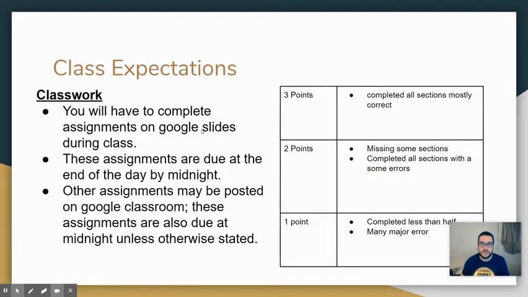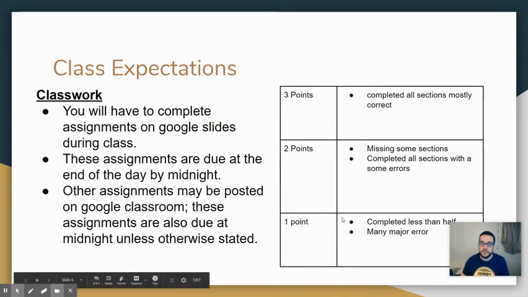Classwork is going to be graded on a 3-point rubric. Each day, students are going to be assigned slides. They're required to type on those slides to take notes. They're required to upload pictures of their work if they're drawing diagrams or doing calculations. Each day they get 3 points for their slides if they're complete, 2 points if they're mostly complete, or if there were some major issues with it that they need to go back and fix.